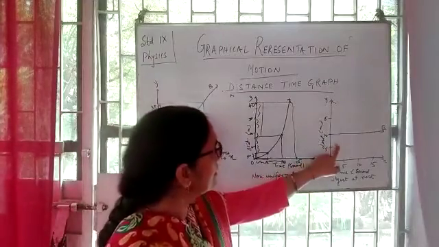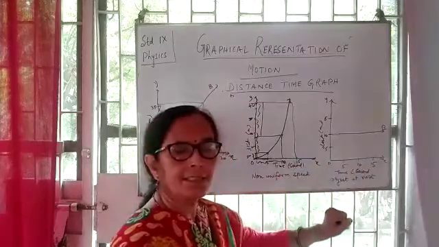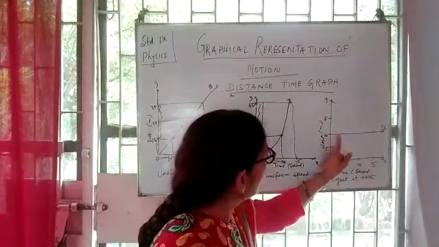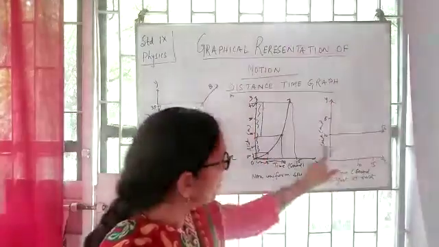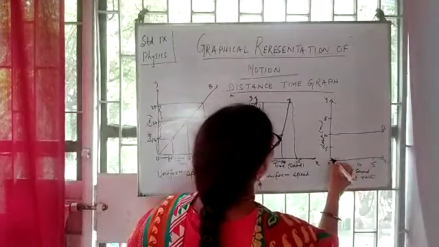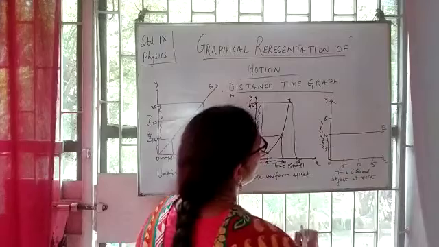And now see, this is the third case. In that third case, the graph line OB here is parallel to the x-axis. It means with time the object's position is not changing. Now we can understand it very clearly. Now say at 0 second the object is 10 meter from the origin.